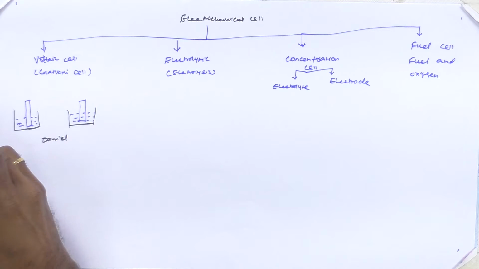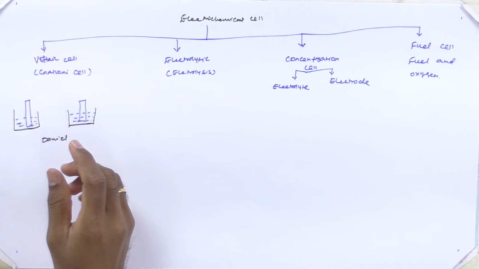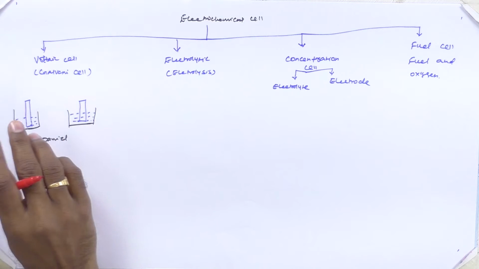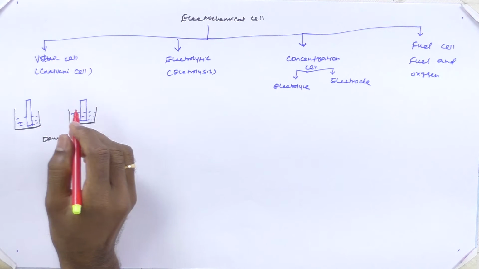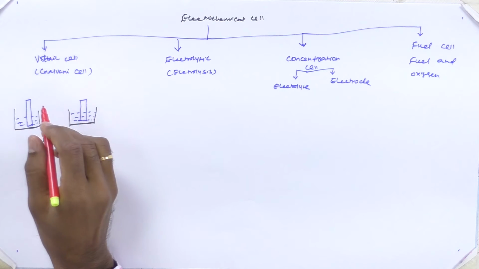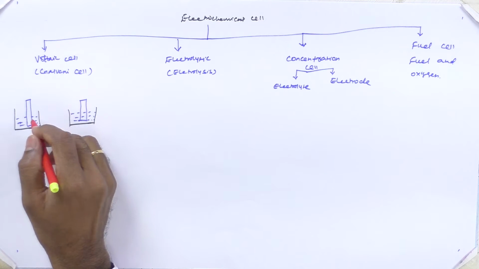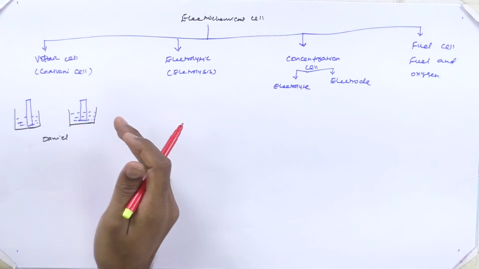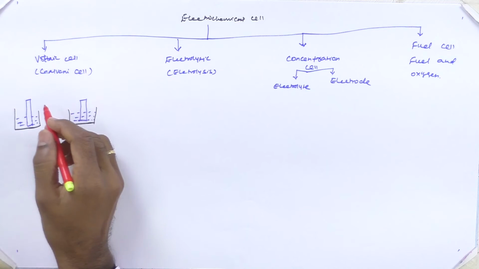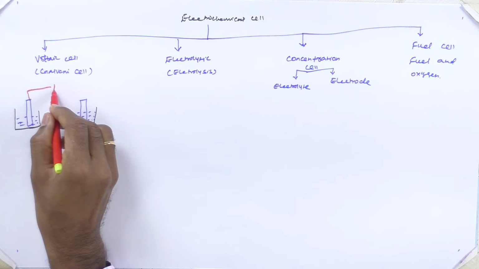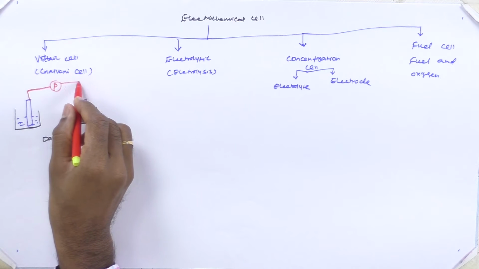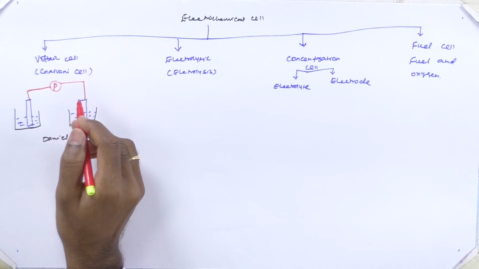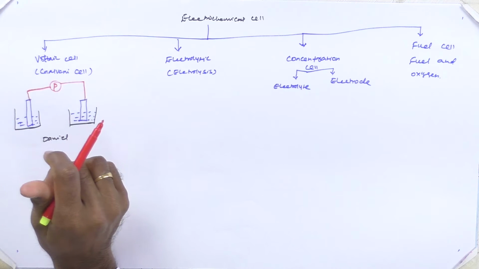Alright, now according to the IUPAC principle, the anode must be kept on your left hand side and the cathode must be kept on your right hand side. Once you place them like this, we know that this is a half cell, and this is another half cell. These two half cells are connected together with the help of an electrical wire through a potentiometer, which tells us how much electricity is being produced during the redox reaction.